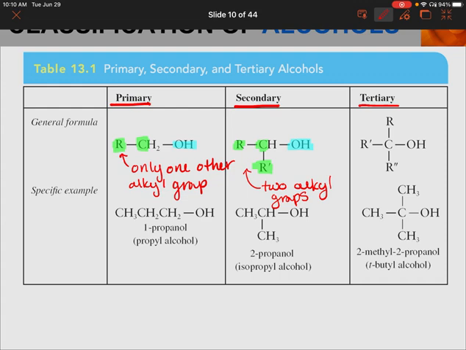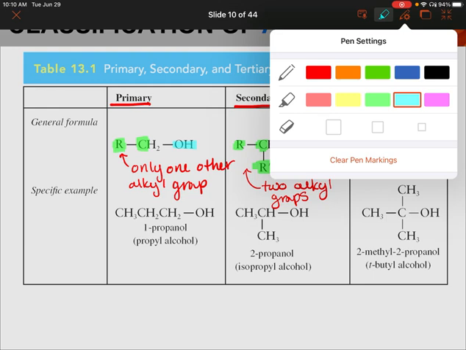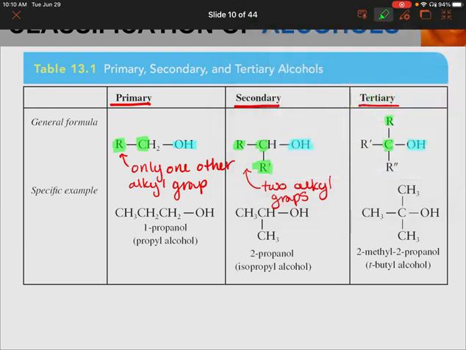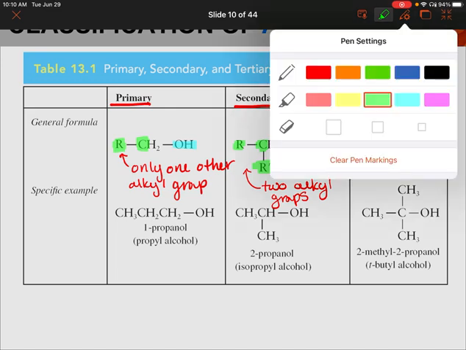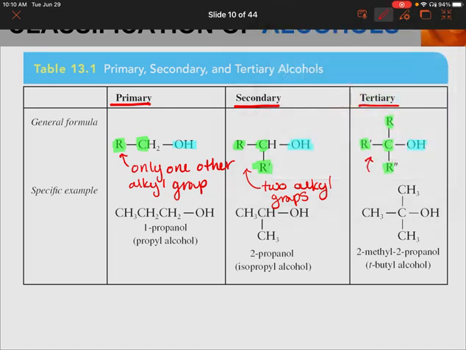And finally, if your OH group is bonded to a carbon that's bonded to three other alkyl groups, that's called a tertiary alcohol. Some examples are given down below.